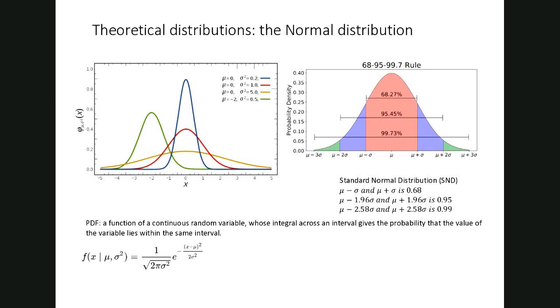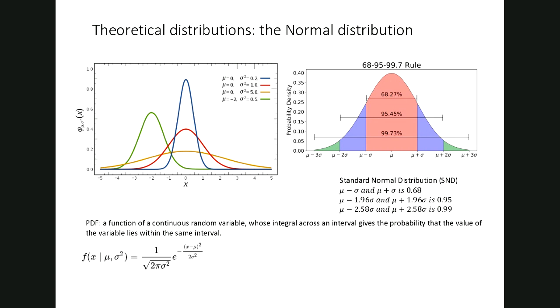This gives you an idea that we can achieve different kinds of normal distribution based on different values of sigma in the left slide. And the right slide shows the 68, 95, 99% rule, which tells where the data is concentrated. If 68% of data is within one standard deviation, this is the red area.